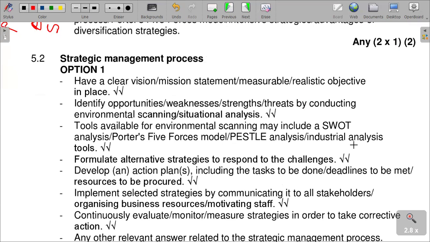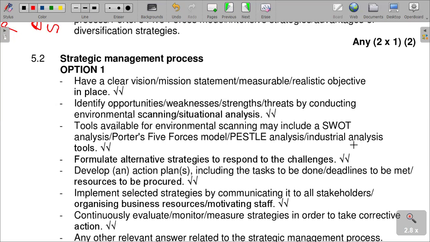The strategic management process also enables identifying opportunities, weaknesses and threats by conducting environmental scanning or situational analysis, where tools available for environmental scanning may include SWOT analysis, Porter's five forces model, PESTEL analysis or industrial analysis tools.